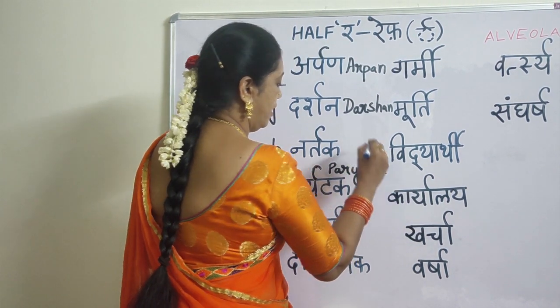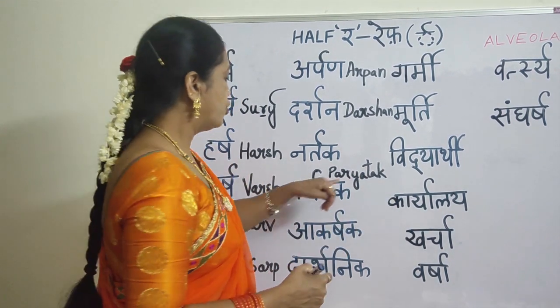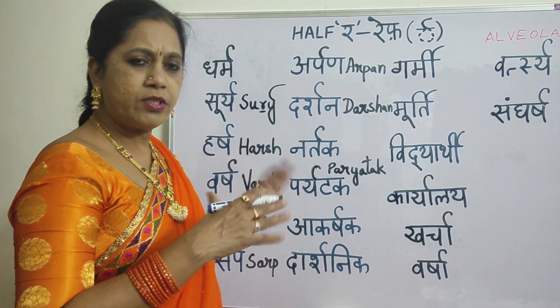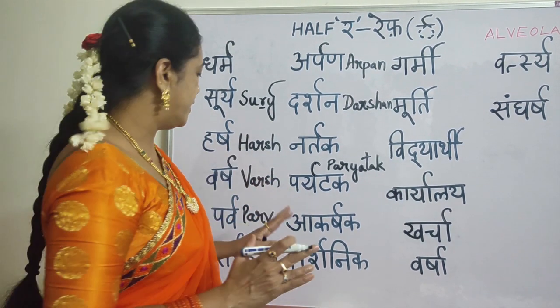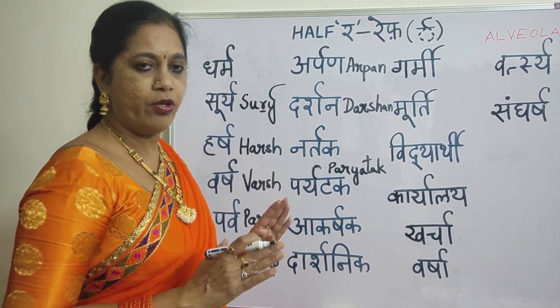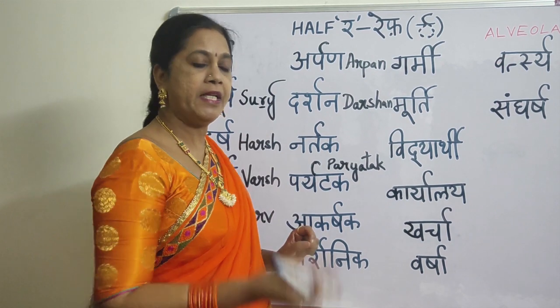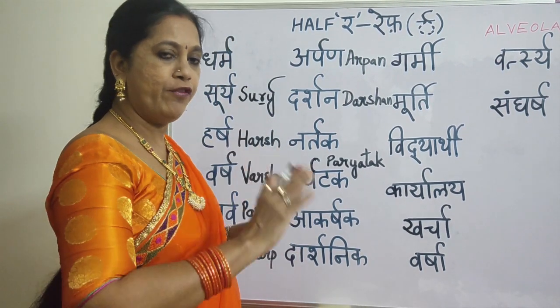Ta, ka. Ka at the end doesn't have an a because it's half sound. So paryatak. So it's very simple if you understand the concept. Paryatak is tourist. It is very, very simple if you understand the concept and read it. The rule what I am saying, if you follow, it's easy.